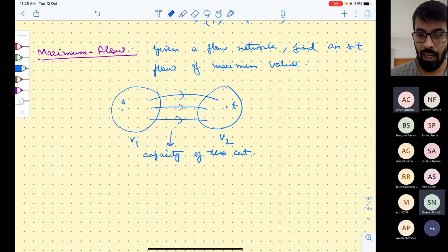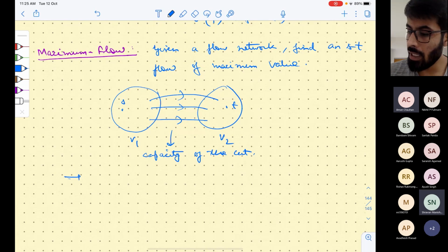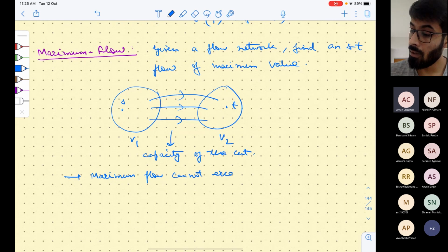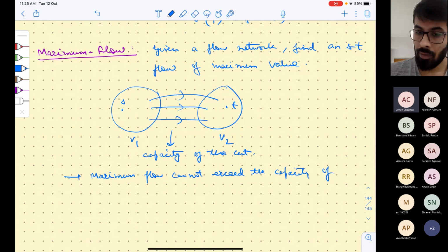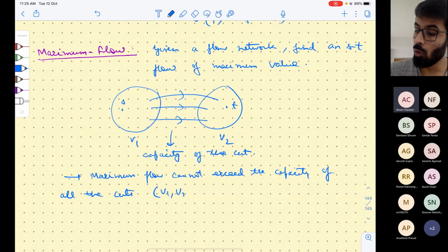Yes. So the idea is that maximum flow cannot exceed the capacity, and this is true for any such cut. So let's represent a cut by V1, V2 for now, over all the cuts V1, V2 such that S belongs to V1 and T belongs to V2.